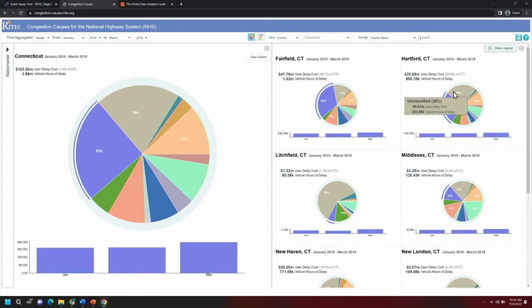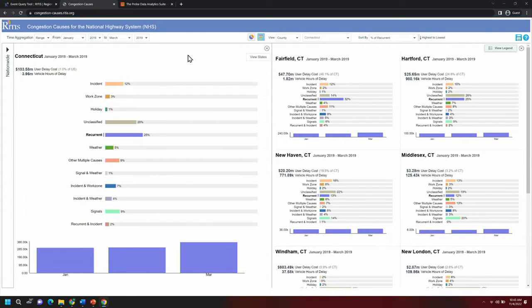You can either search through them alphabetically, or resort them by what had the largest percentage of a given category. So if I do recurrent, it'll update that to be New Haven, which is the biggest city we have in Connecticut, so not too surprising to see that. You can also switch the visualization because we do have quite a bit of categories here. I personally like the bar charts because the labeling and the layout is a little bit easier to see, and you can see how you can filter down to this level and get the bar chart view of the data.